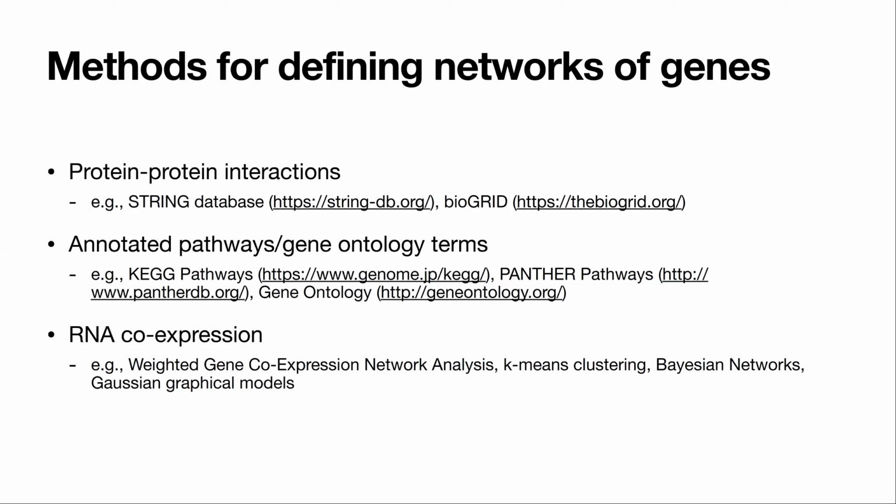Weighted gene co-expression network analysis is just one, and I'll talk a little bit more about it later just to be an example. But there's also very classic methods like k-means clustering and more advanced methods like Bayesian networks and Gaussian graphical models and more statistically advanced methods for identifying these co-expression networks.